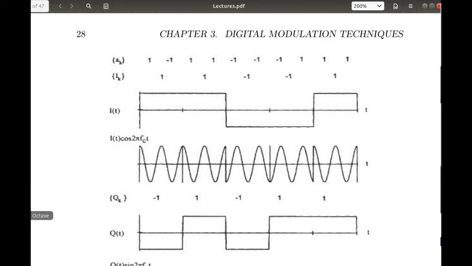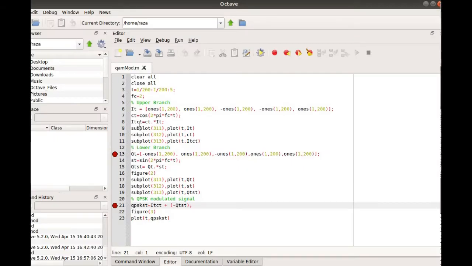So in the plot it is up to here. The line number 8 gives you the code for this product. So let me run it.